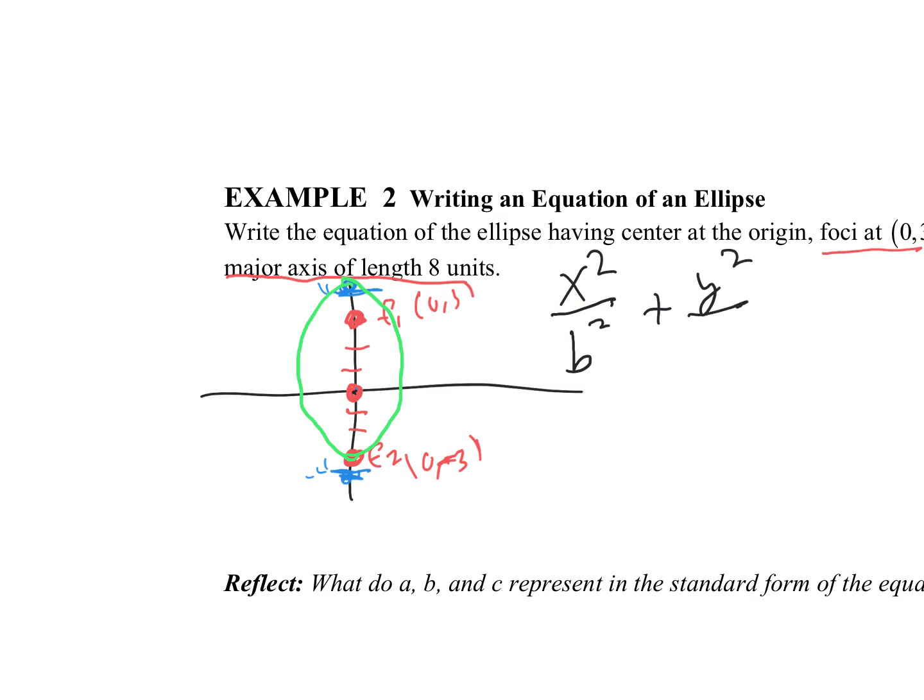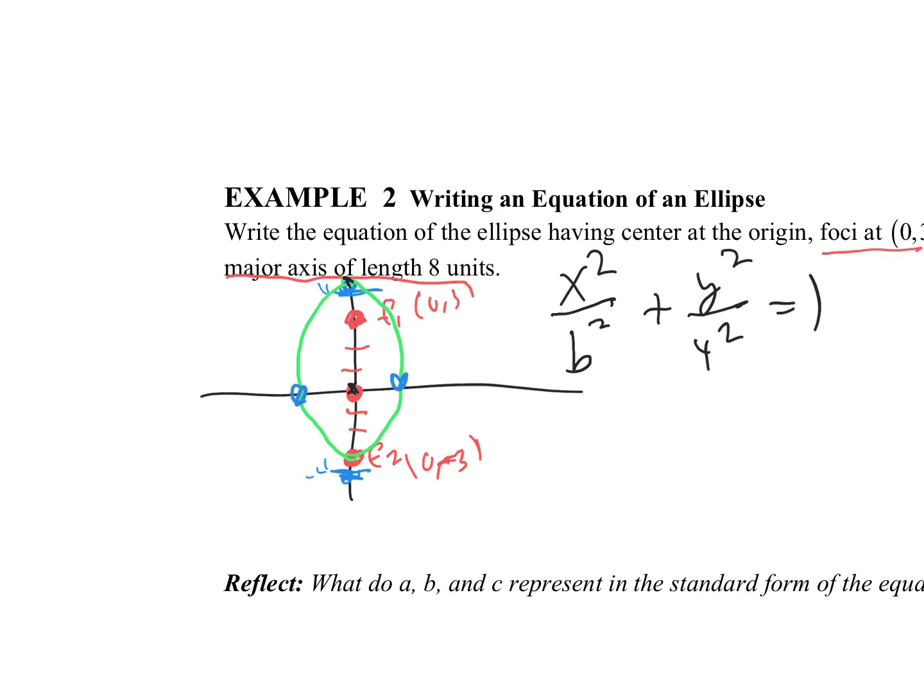A squared has to be the distance from the center to the endpoint. That's a 4. 4 squared equals 16. Now, where am I going to get that b? How am I going to figure out what this value is?